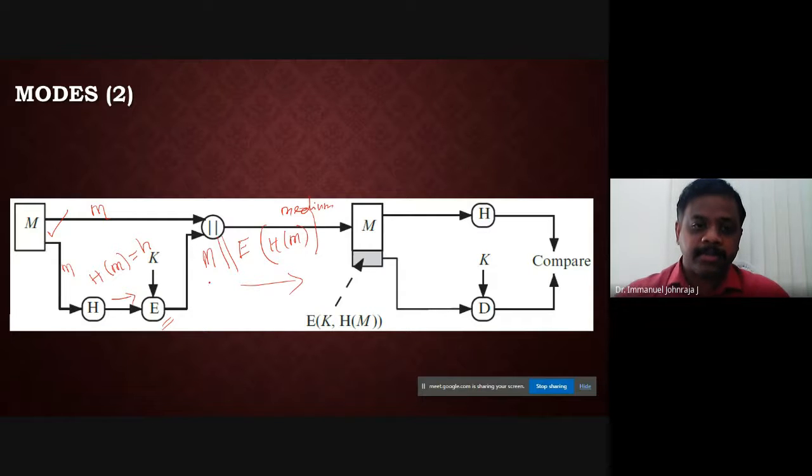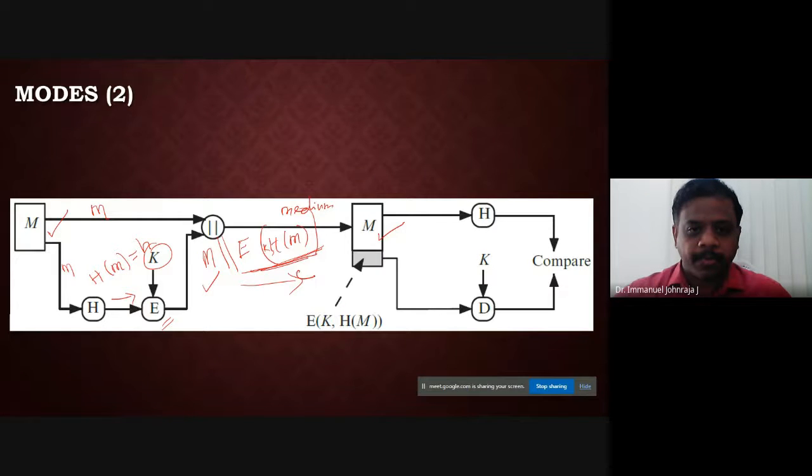He receives the message as plain text, and he gets the encrypted value of H of M, which is encrypted using the key K.